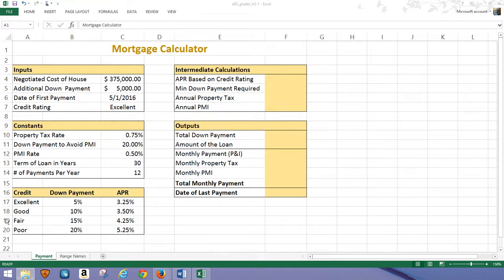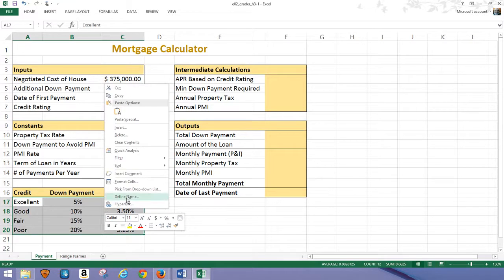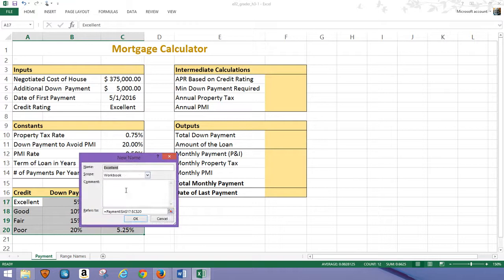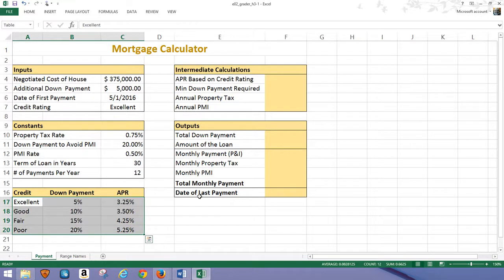So when you go down to project 3, the first thing it asks you to do is select A17 through C20. Then to name that, so you can right click and go down to define name, and you're to name that table, T-A-B-L-E, with a capital T. We click OK.